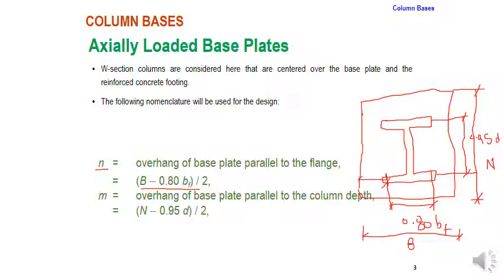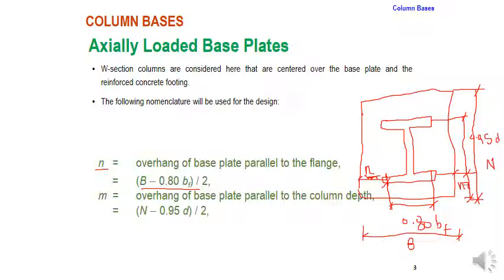It is equal to your M, and this overhang part is equal to small n. Sorry, I think I wrote it reversed: 0.95 D, this will be M, and this will be n, parallel to the flange.